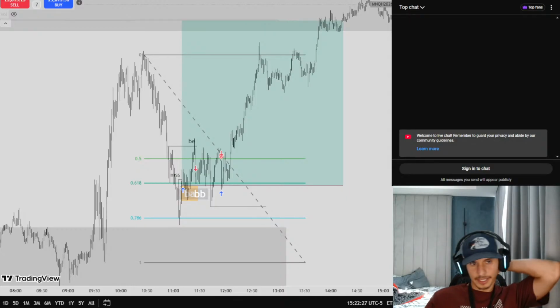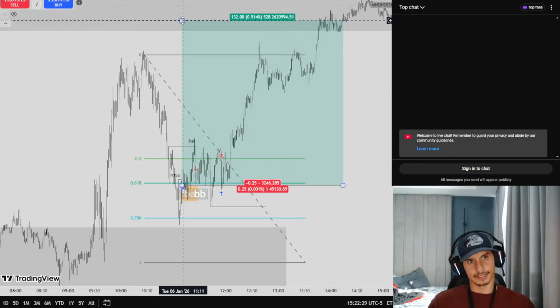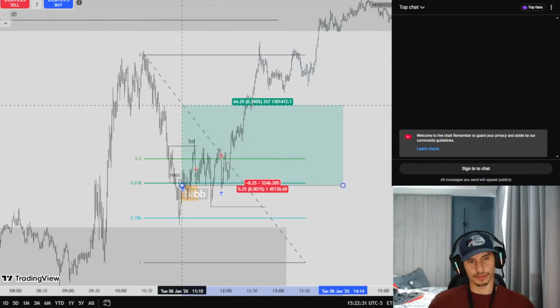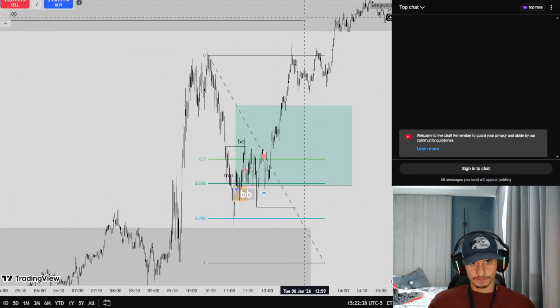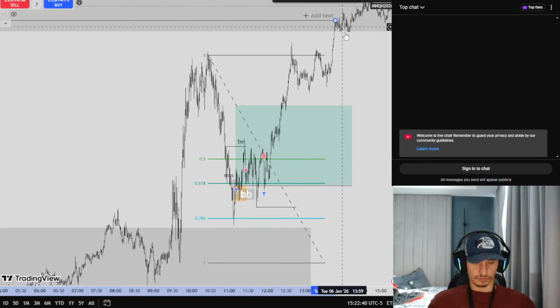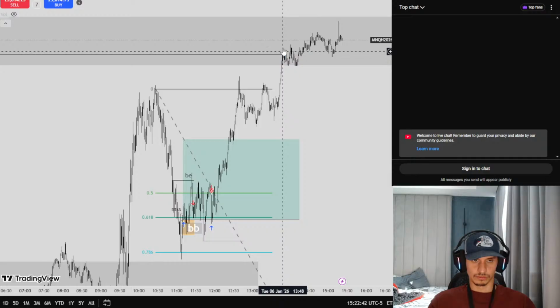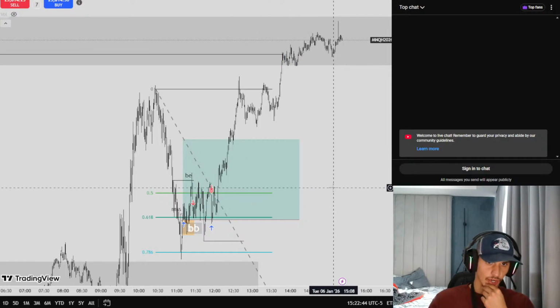Obviously, all this is looking in hindsight, right? Price could do whatever it wants to do. Sometimes it just retraces up here and then keeps on dumping lower. But this was just a clear draw on liquidity.